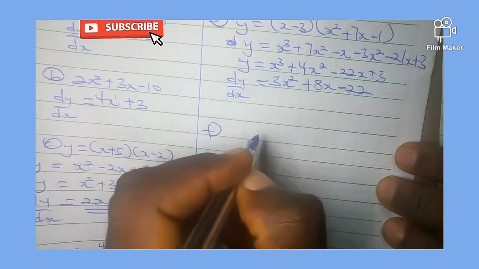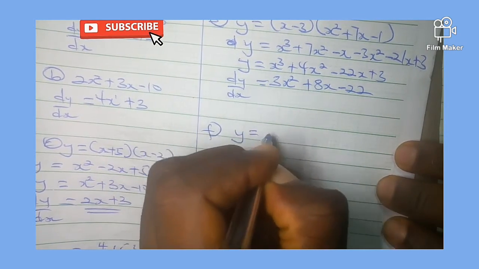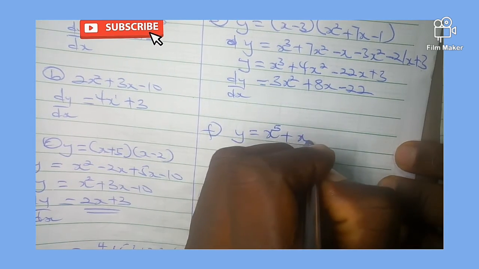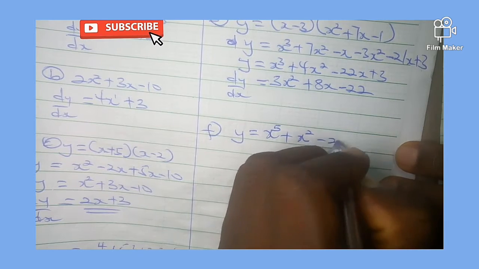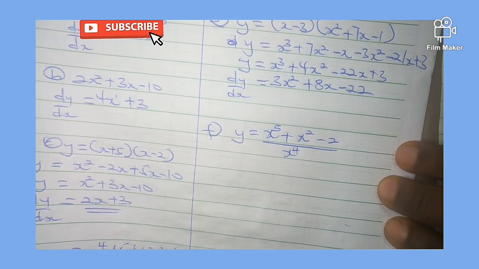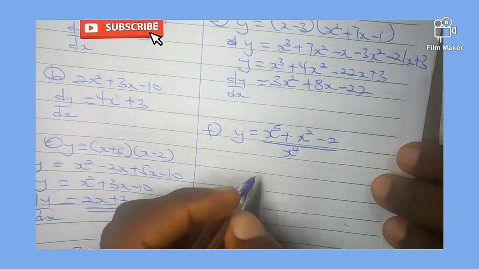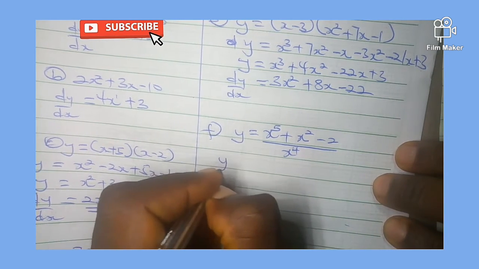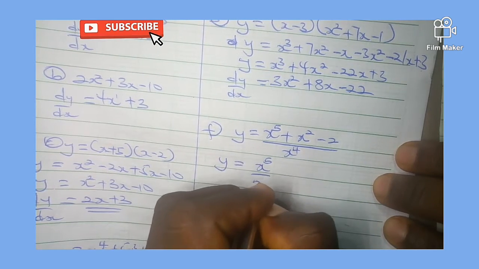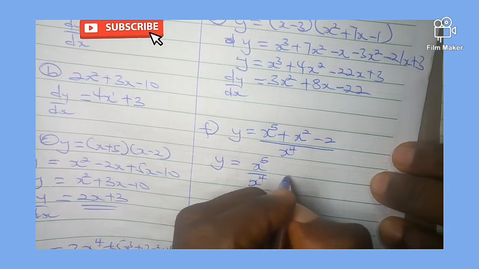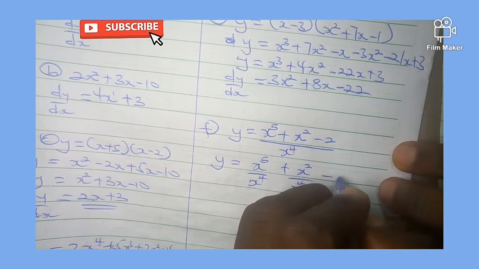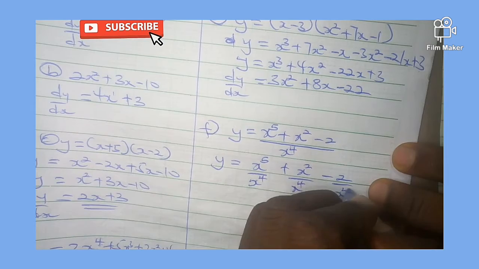Example F. y is equal to x to the power 5 plus x to the power 2 minus 2, all divided by x to the power 4. Good. The first thing you need to do is simplify the equation over here. So y is equal to x to the power 5 over x to the power 4, plus x squared over x to the power 4, minus 2 over x to the power 4.